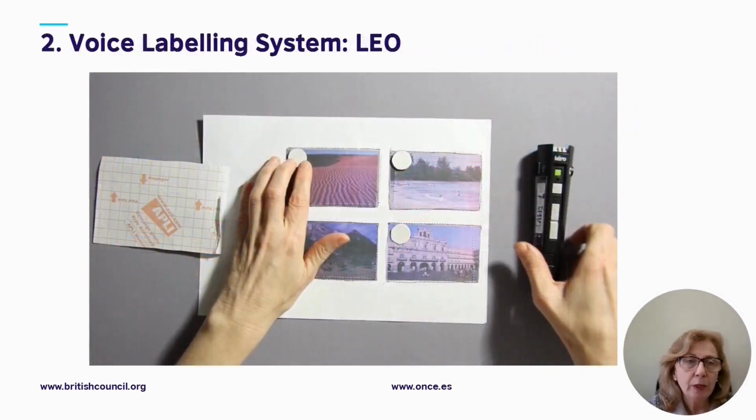The second picture I showed you before is the voice labeling system. In this case, we will talk about Leo, L-E-O, which is a Spanish one, but you will have many others in other countries. This is a device to record labels with your own words, or maybe with a computer file, songs or whatever.